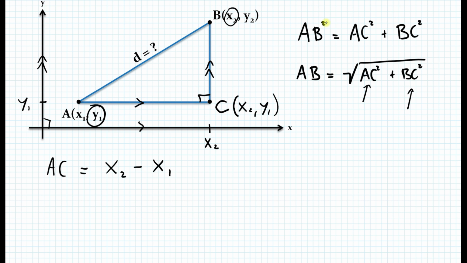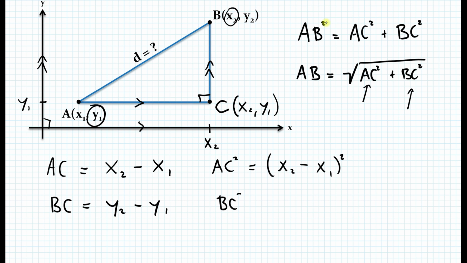That is the distance between A and C. Therefore, AC squared must be equal to (x2 minus x1) squared. In a similar manner, the distance between B and C is equal to the difference in y values because the x values are the same. So we just write y2 minus y1. Therefore, BC squared has to be equal to (y2 minus y1) squared, okay?